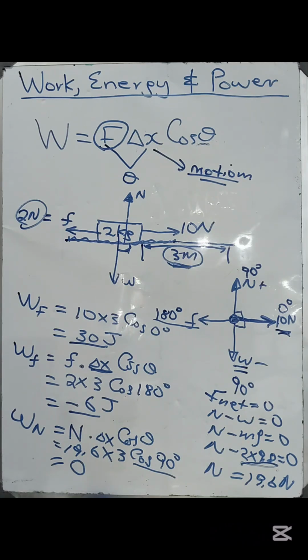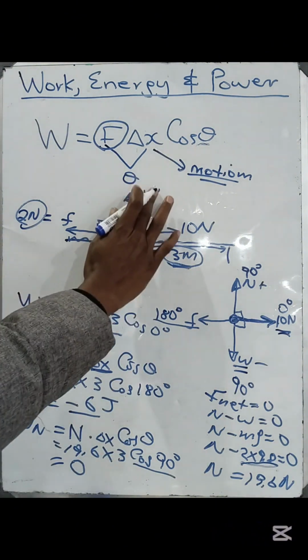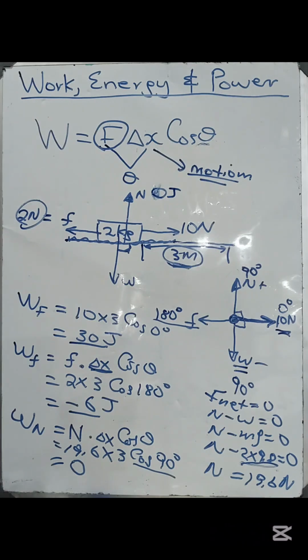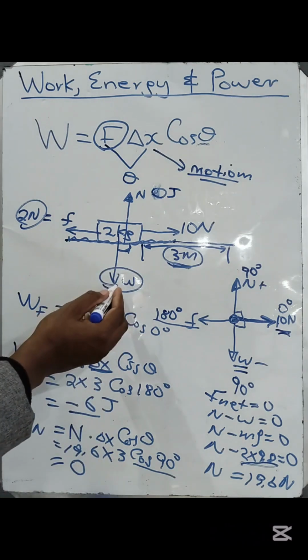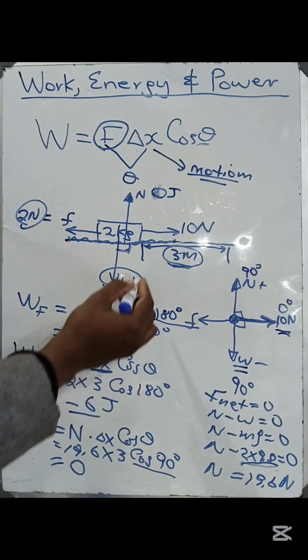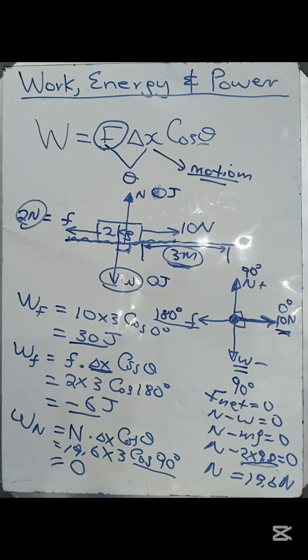So there is no need to calculate it; the work done by the normal force will always be 0 joules. Then the weight: since it has 90 degrees, the work done by the weight would be equal to 0 joules. That is how we calculate the work done by each force.